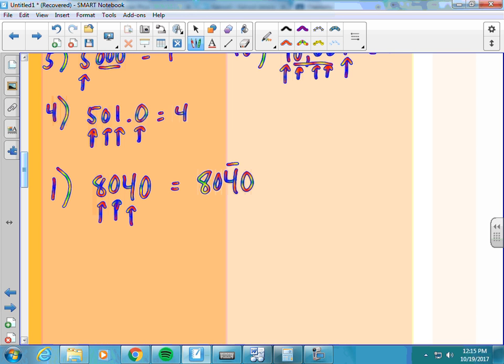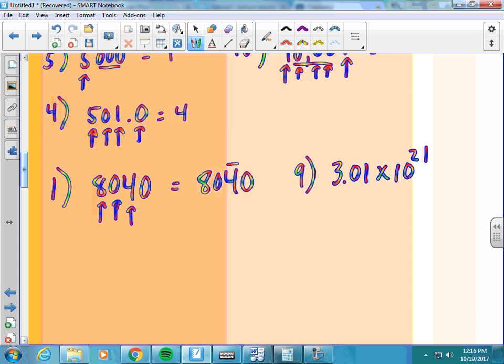Let's look at number 9. They're trying to scare you with some scientific notation. When we do this, the times 10 to the 21 part is just there to tell you that this is actually a really big number.